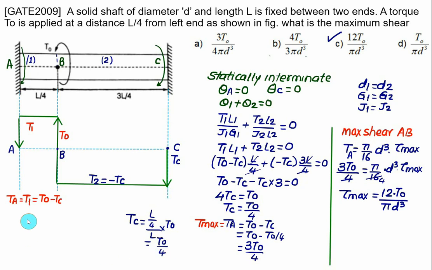And if you want to find TA, then TA equals the opposite length 3L by 4 divided by total length L, multiplied by T0. So we get this value equal to 3 times T0 divided by 4. You don't have to do this analysis if you satisfy this condition. And once we know that this value of TA is more compared to TC, then we can find the maximum shear here.